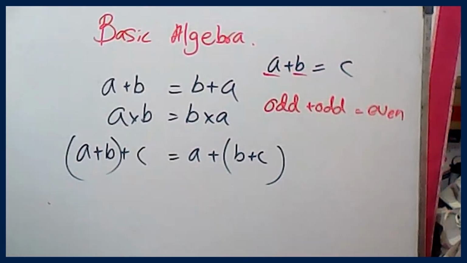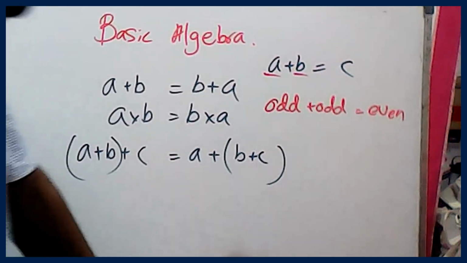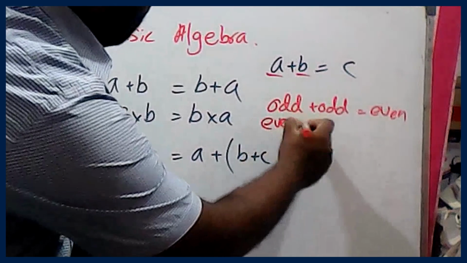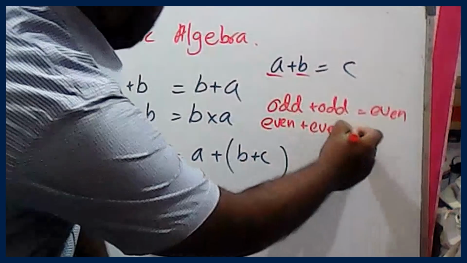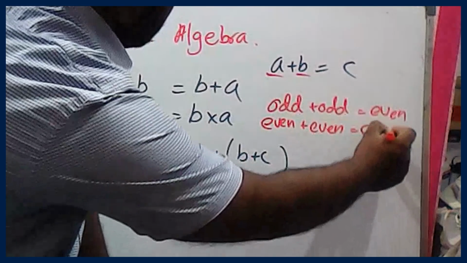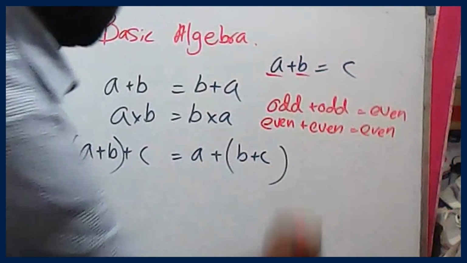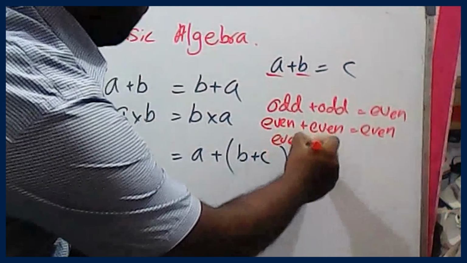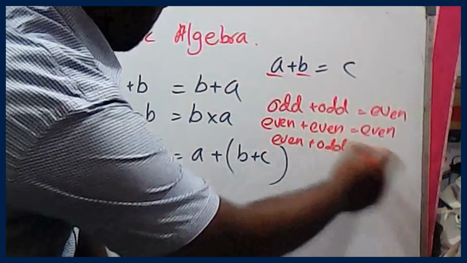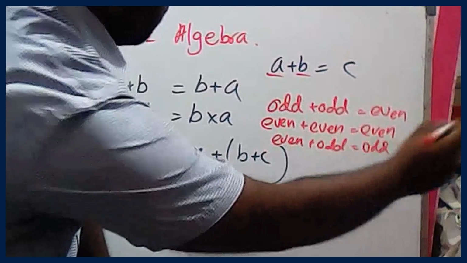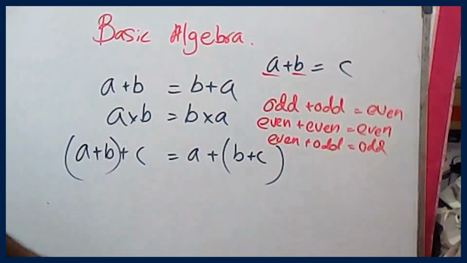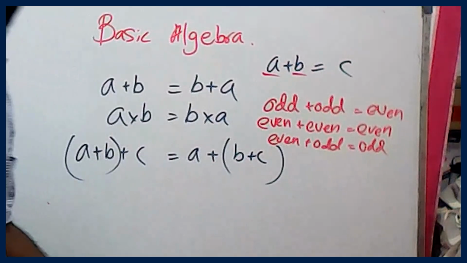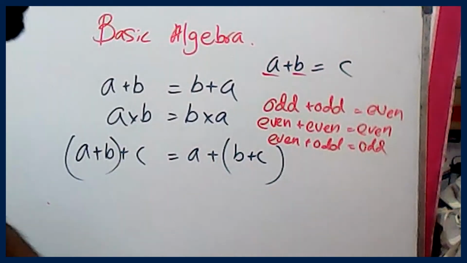Even plus even is equal to even. Even plus odd is equal to odd, right? So these are things that we should know under algebra.